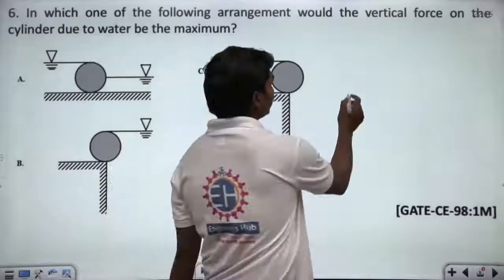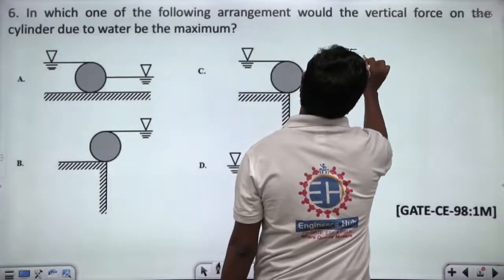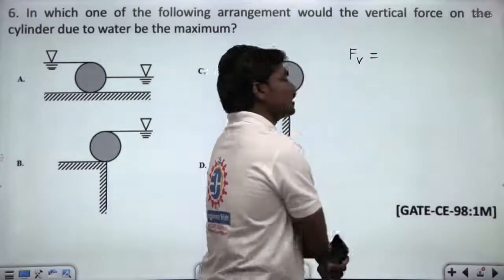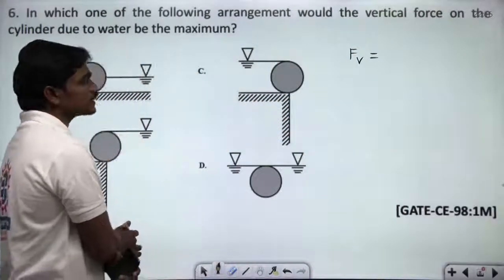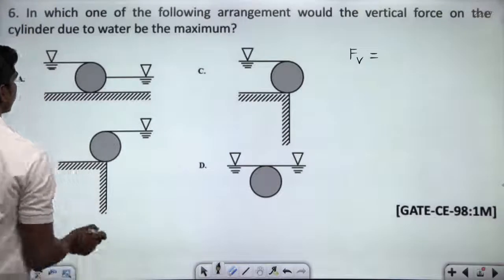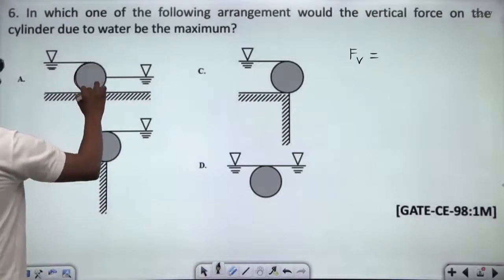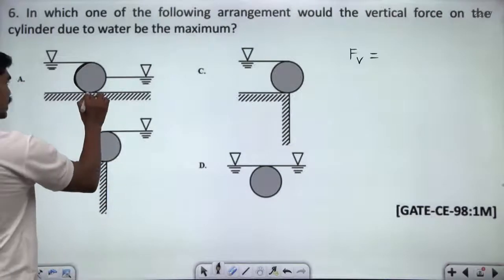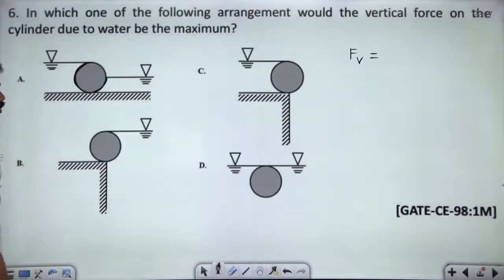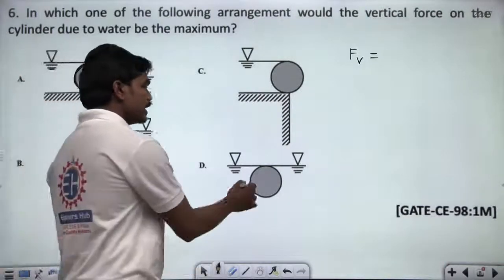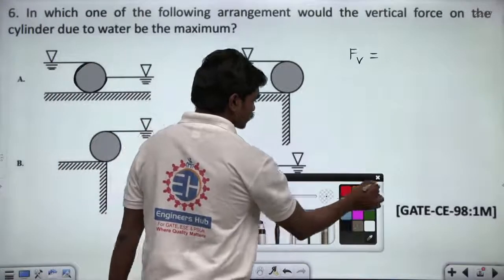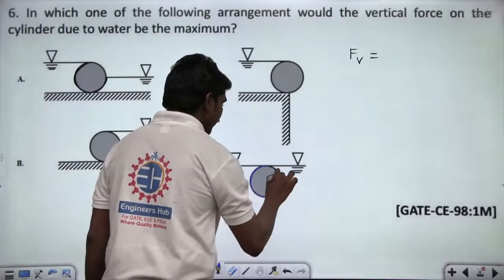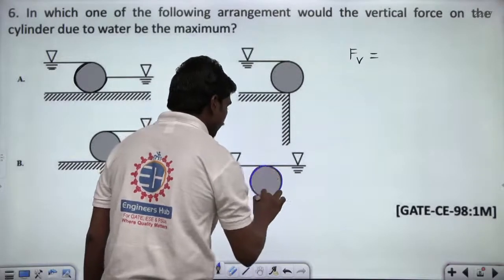Look, Fv is nothing but the weight of the fluid column above the surface, correct? Because of this surface getting immersed, there will be some fluid pressure in the vertical direction and also on this side. But if you compare all these cases, here the complete solid is inside the fluid, correct?